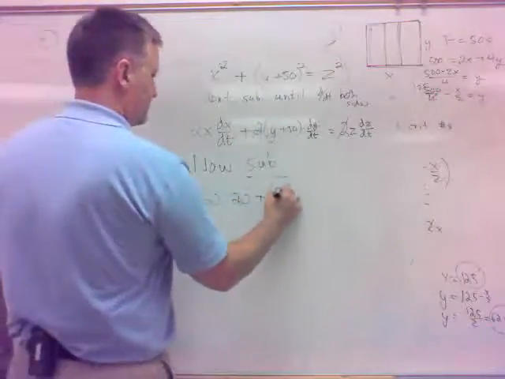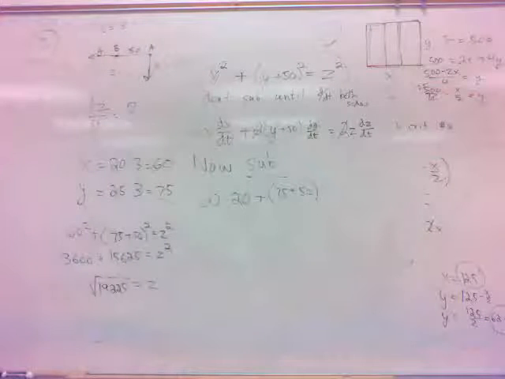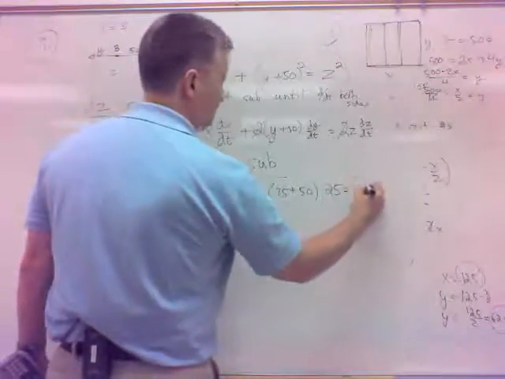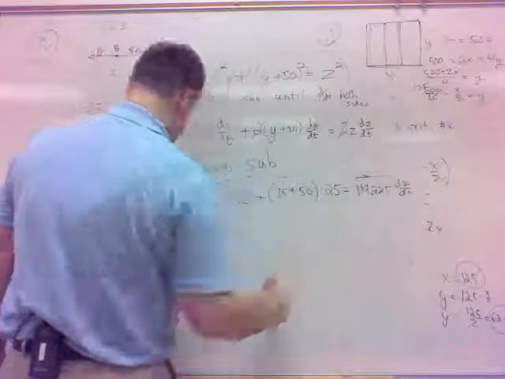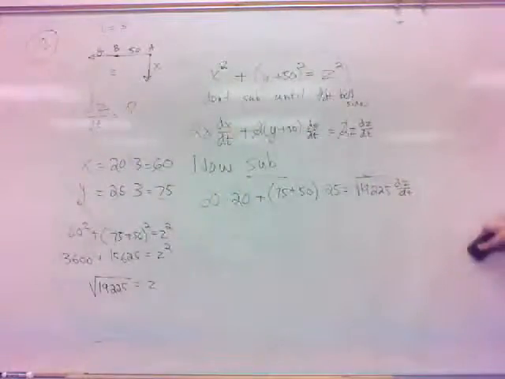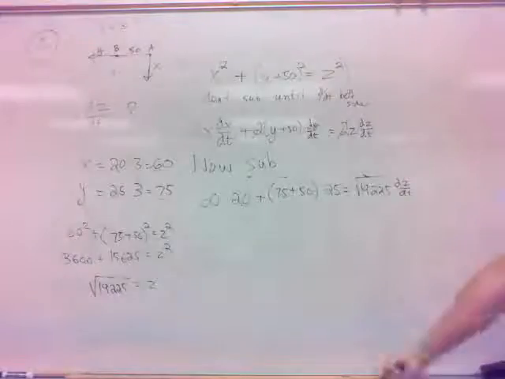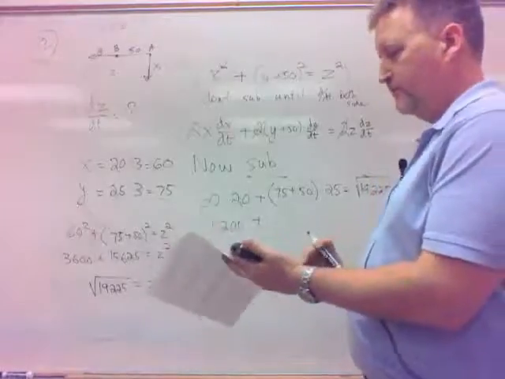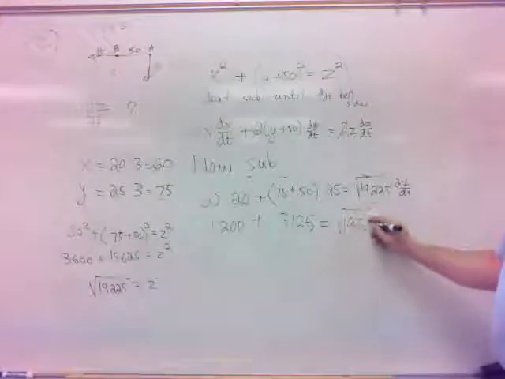Y plus 50, so it'll be 75 plus 50 again. Dy dt is the rate of 5. The square root of 19,225 times dz dt. And there you go. 1,200 plus 125 times 25, 3125 equals the square root of 19,225 dz dt.